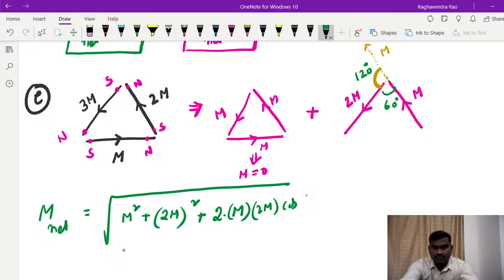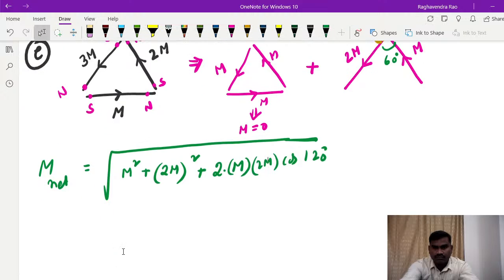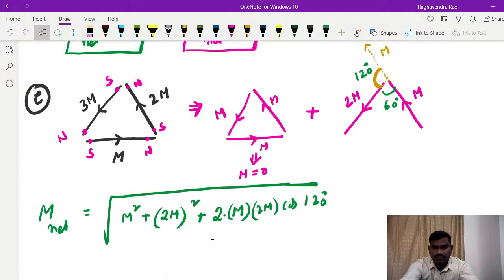m1 m2 cos 120. What is the value of cos 120? It is minus 1 by 2. So we can simplify, then we will get the net magnetic moment. This is how we need to calculate the net magnetic moment.